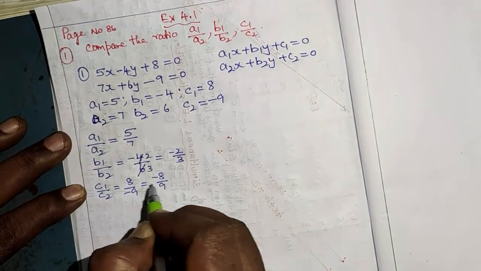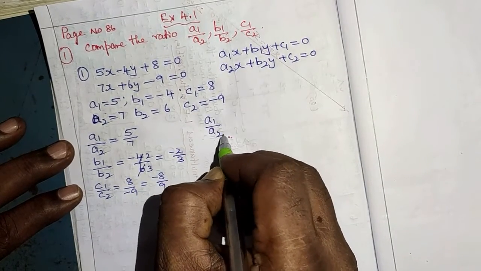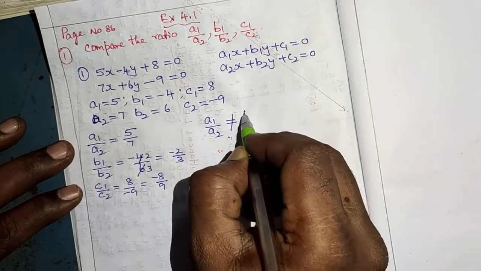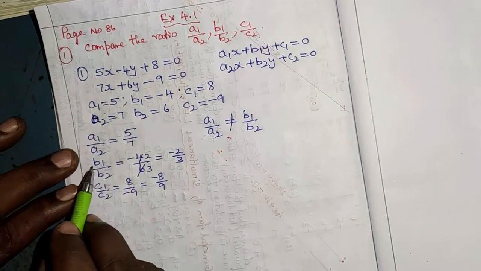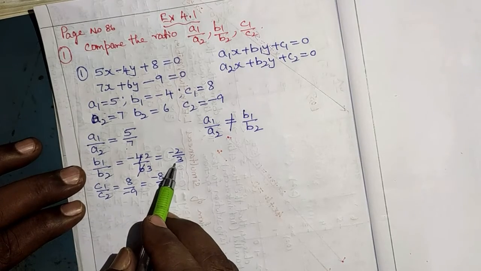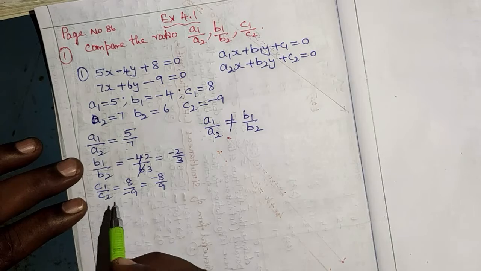Our observation here is a1 by a2 is not equal to b1 by b2. a1 by a2 is 5 by 7, b1 by b2 is minus 2 by 3. When these two are not equal, we need not check the third one.